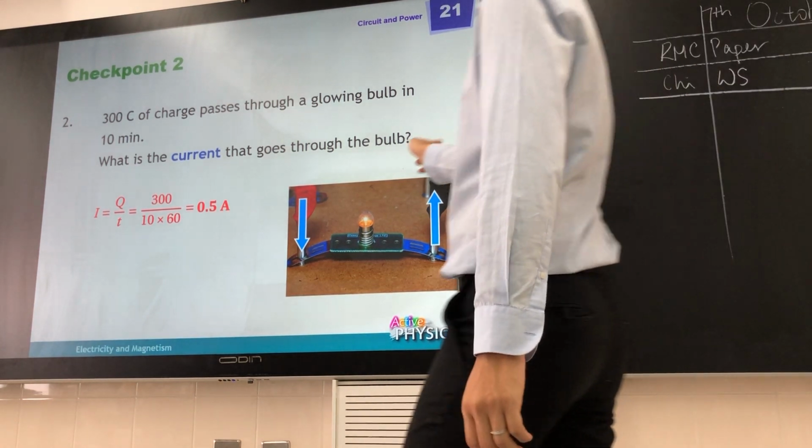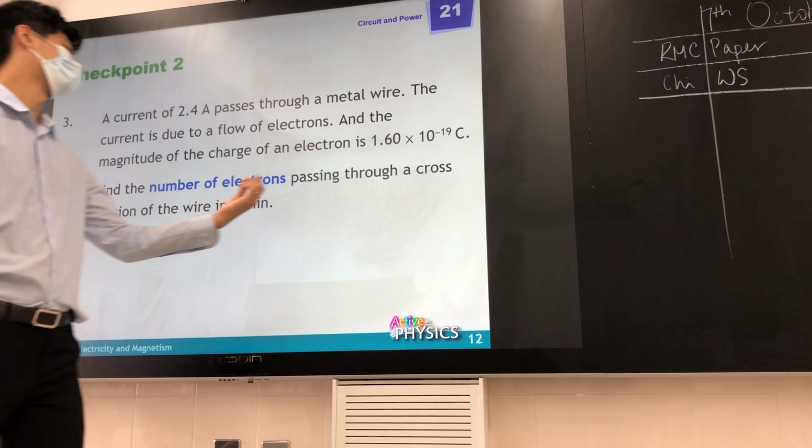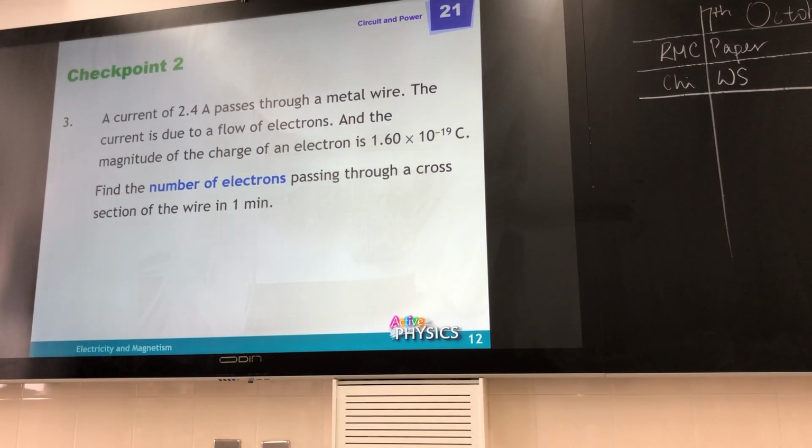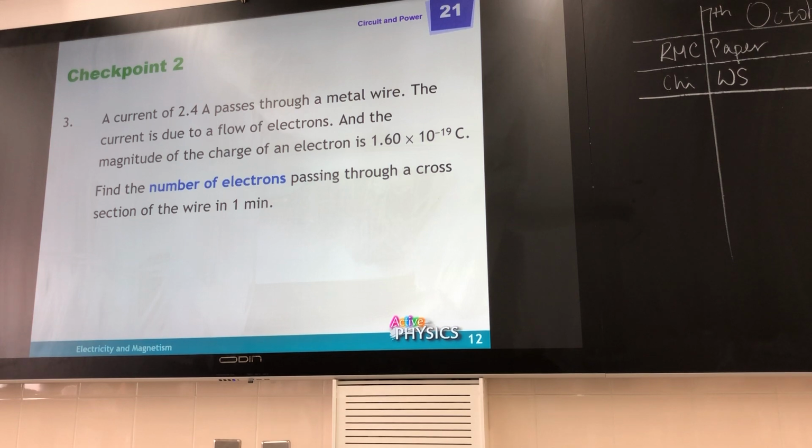Okay, so for question number 3, a current of 2.4 A passes through a metal wire. Find the number of electrons passing through a cross section of the wire in 1 minute. So the first step is to find the Q in this case. You have I and T, then you can find the Q, the total Q passing through the wire.